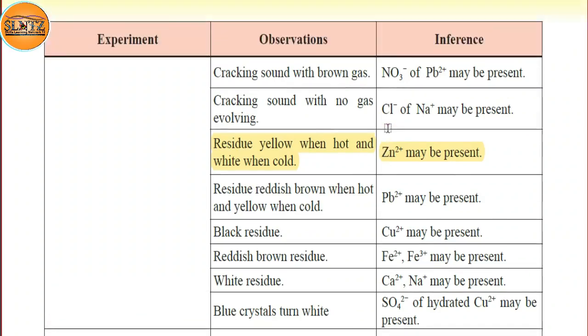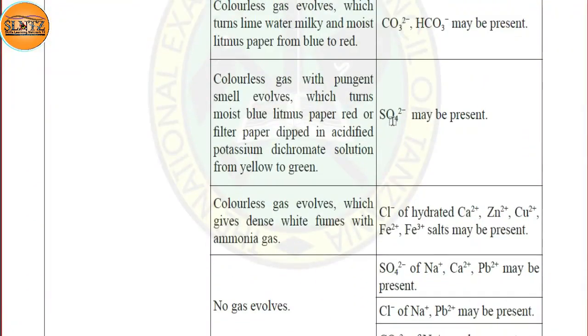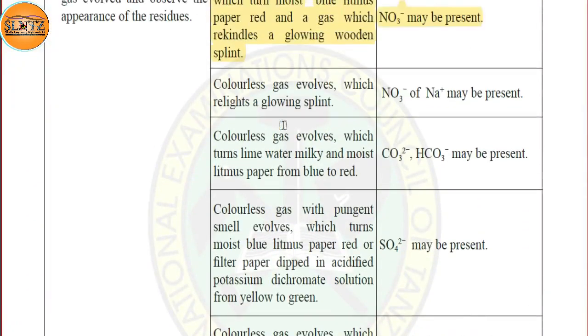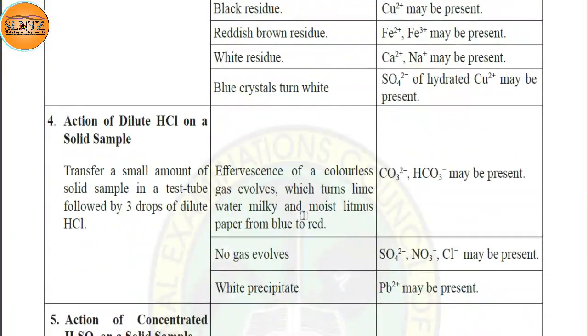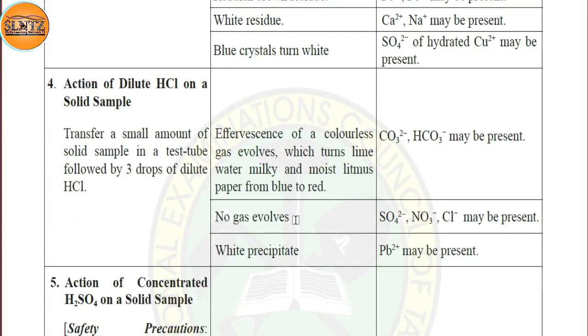So that is action of heat. We have nitrate and zinc: brown fume, and yellow residue when hot and white when cold. And with dilute hydrochloric acid, there is no gas evolved in our sheet, no gas evolved. You have to avoid copy and paste from your sheet. You see this, no gas evolved; you have to write no gas evolved, because on the spot you perform the action and you see what happened.